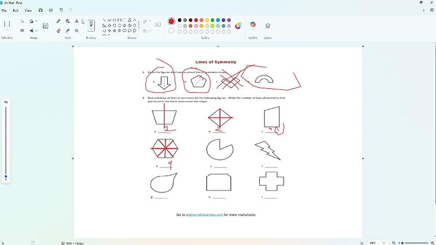Now let's see this semicircle. I'd say this would be correct. No other ones, so just 1. Oh, this lightning bolt, it has too many irregularities. This would probably be 0. I'm not checking though, because it's too much work.